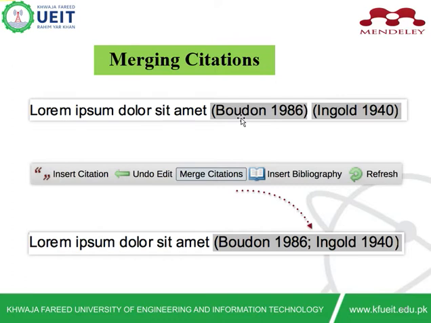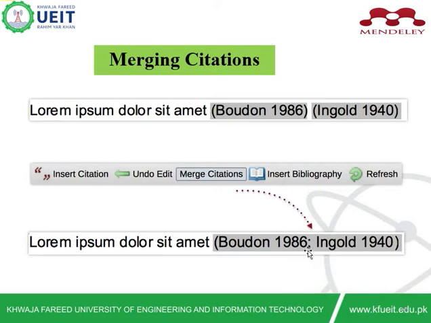What we want to explain here is merging citations. If you insert one citation, and after that you insert another citation, then you need to merge the citations because both appear in the same sentence.